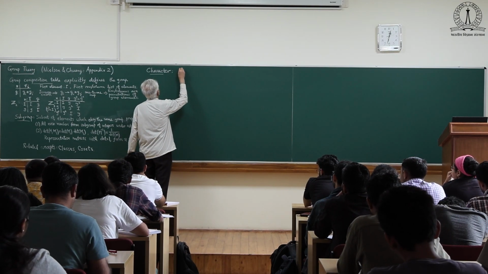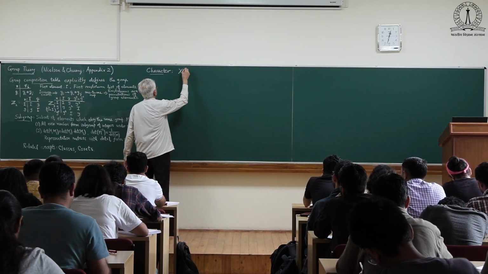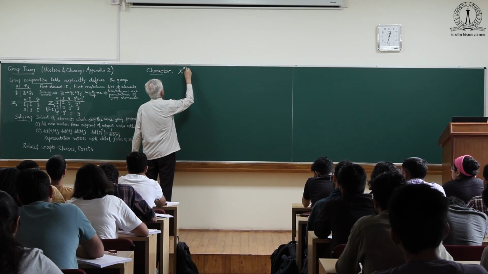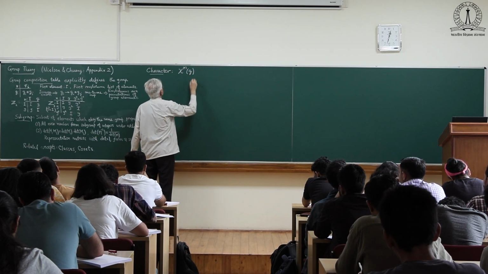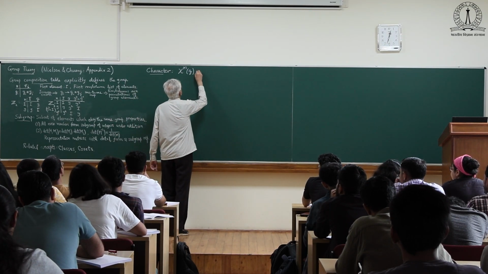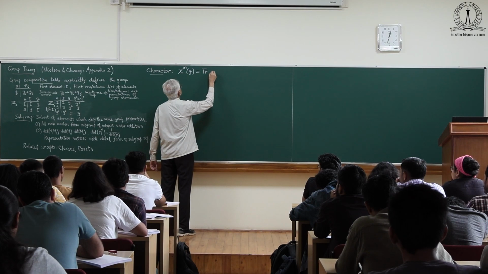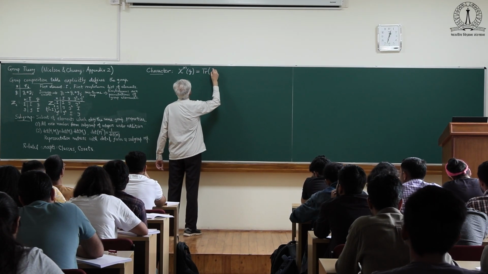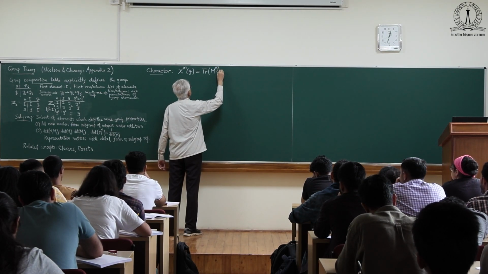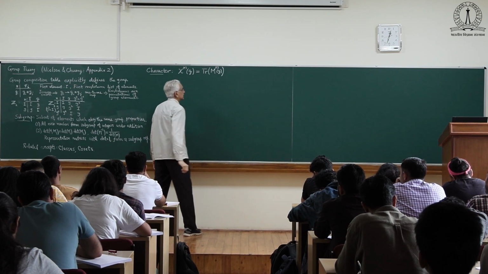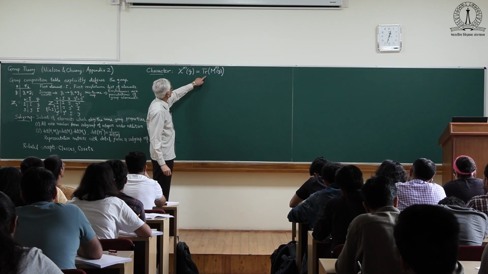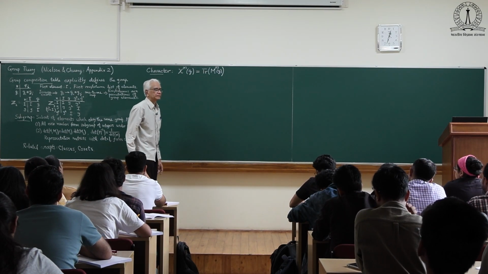So the notation is, it is some quantity in some representation related to the element, and this is equal to the trace of this matrix M for representation R corresponding to the element G. So this is a matrix, you take a trace and you get a number.